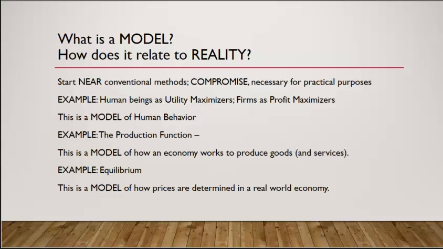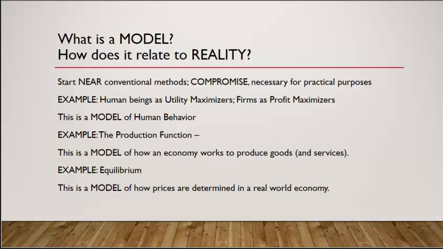But the issue is, what is a model? What does it help us to do? What a model is not? So, for example, the idea that human beings are utility maximizers or that firms are profit maximizers, these are models of behavior. The production function is a model of how an economy works to produce goods.